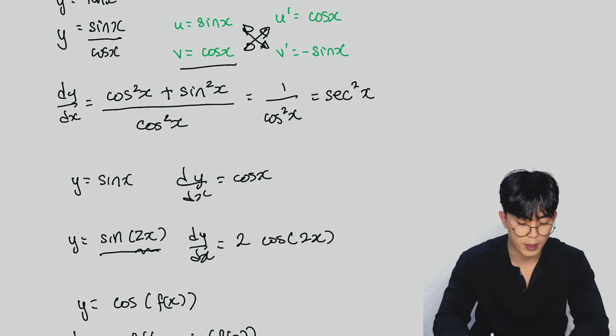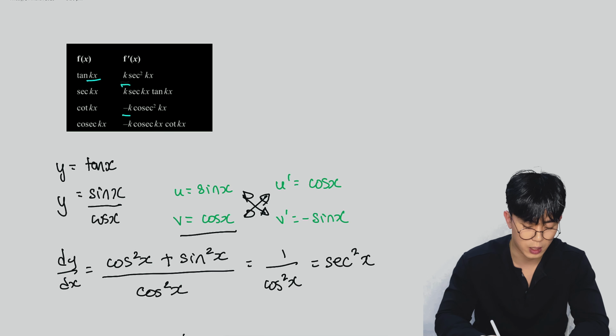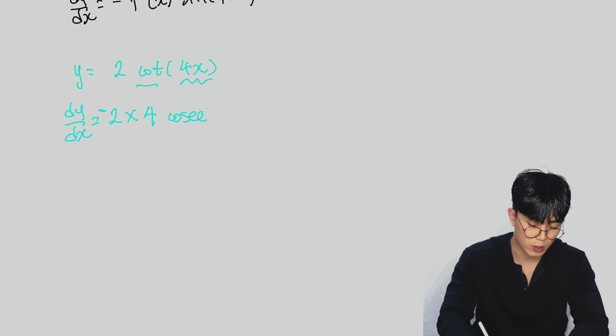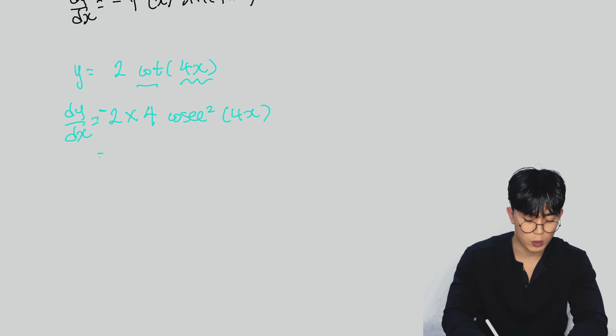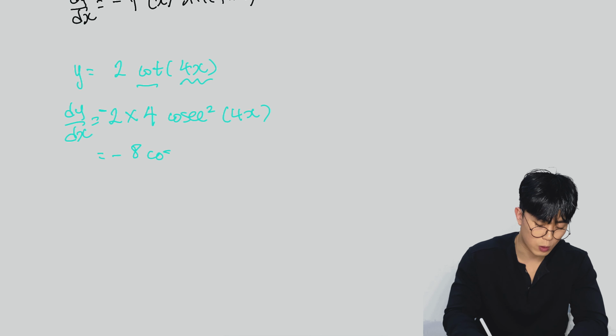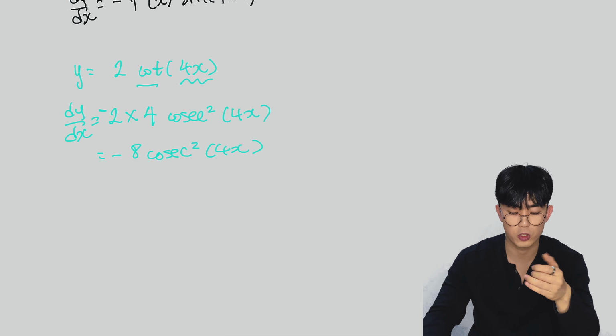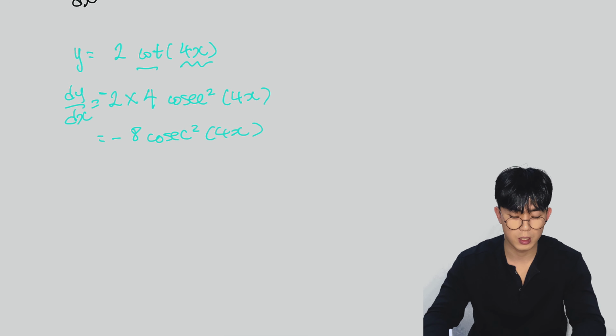So if we go back up here, the derivative of cot is negative cosec squared. So don't forget the negative sign. So I'll put a negative in front. Cosec squared, and the angle remains as 4x. So this would be minus 8 cosec squared 4x. So as long as you follow those simple rules, then you should be able to differentiate all these different terms.